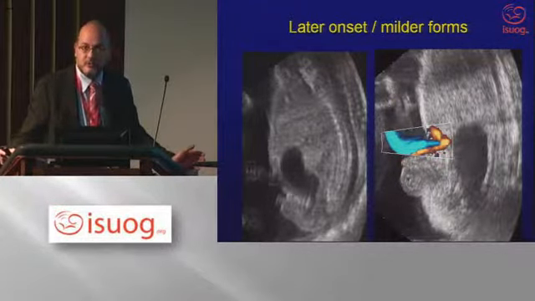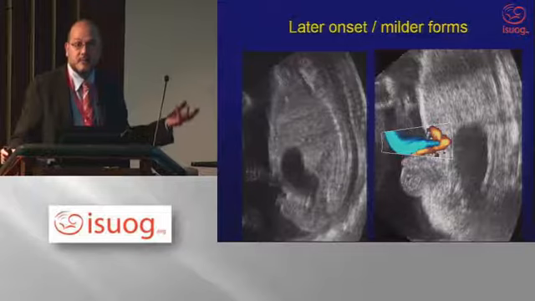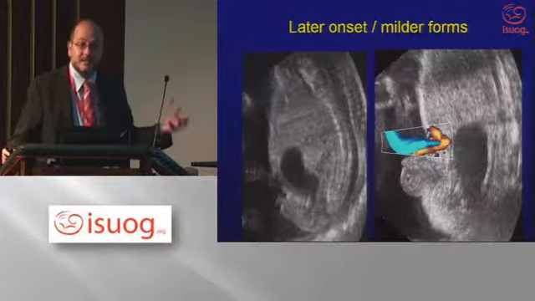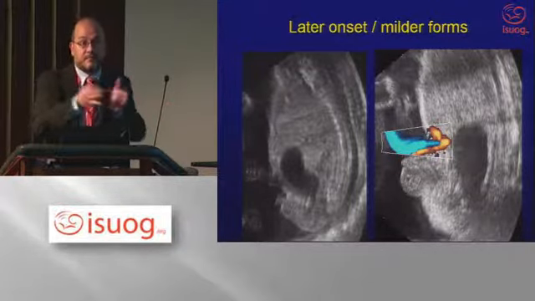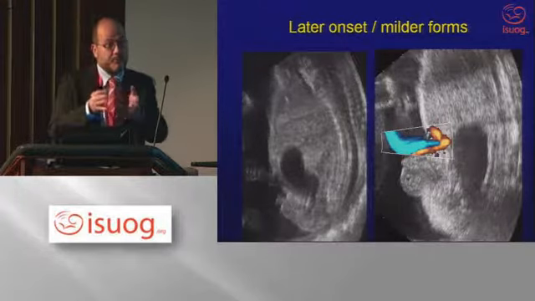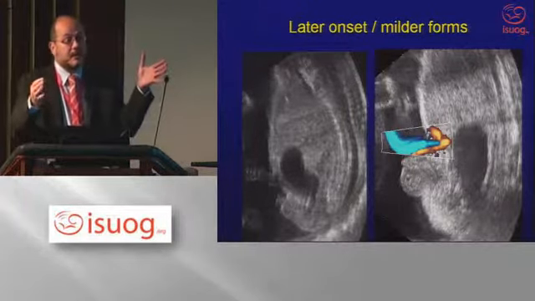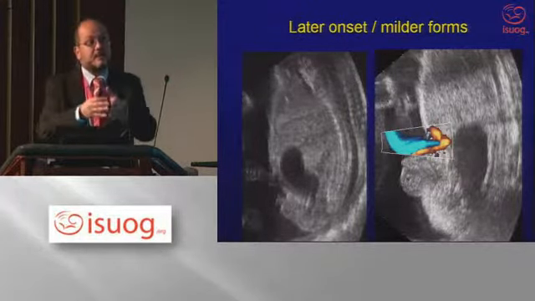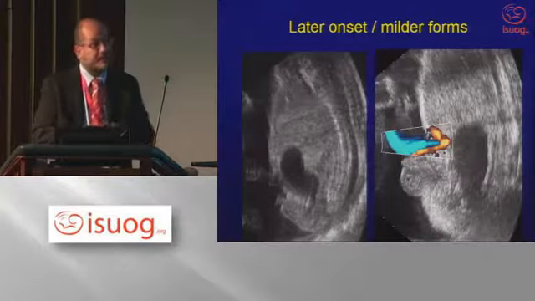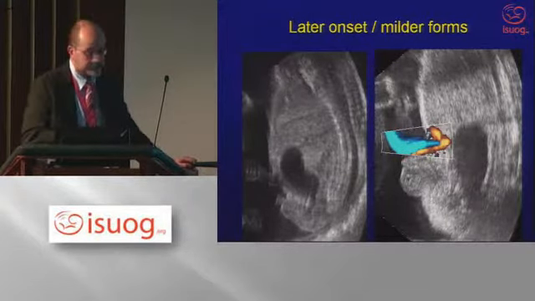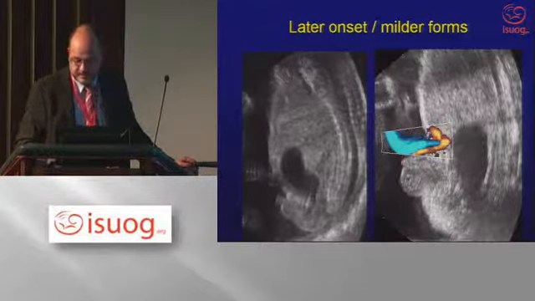So these are later onset, probably milder forms, perhaps intermittent obstructions where the bladder and the posterior urethral valves act like a pressure cooker, so the bladder gets large, and then there's emptying of the bladder and increase of the bladder and emptying of the bladder, meaning that the amniotic fluid volume remains normal well into the second and third trimesters.